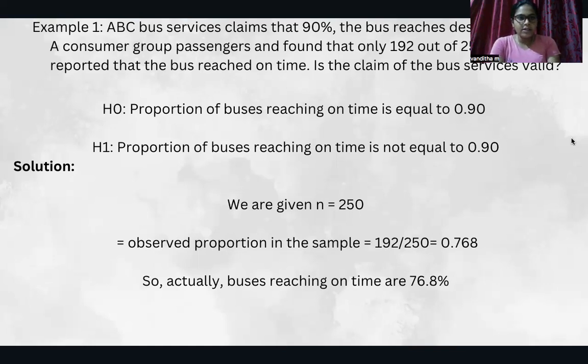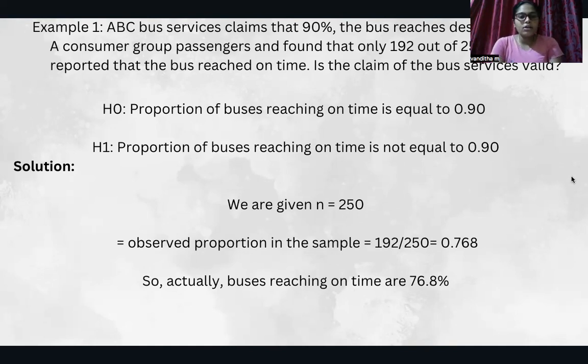So here the bus service claims that 90% of buses reach on time. Then a consumer group surveyed passengers and found only 192 out of 250 reported on time. We need to see if the bus service's claim is valid or not.